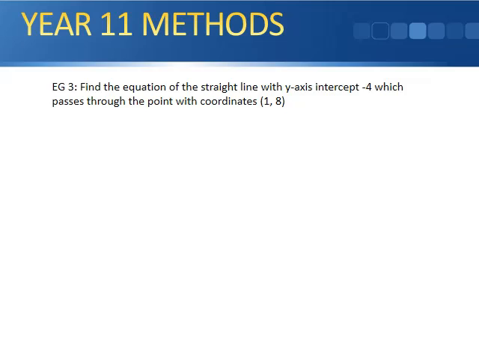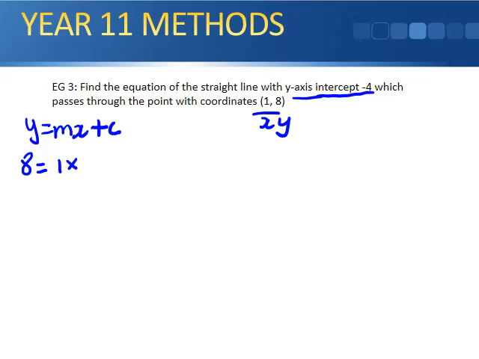Example 3, find the equation of the straight line. This time it gives us the y-intercept of -4, and it tells us that it passes through that point. So again, let's use y equals mx plus c. This point here again is my x and my y. So I've got 8, and this is going to help us find the gradient, equals m, but x is 1, so 1 times my m, don't need to write the 1 there, plus c, and c is -4.